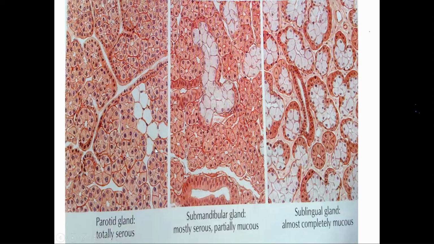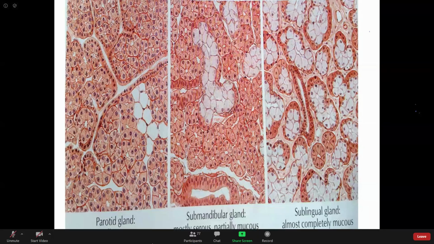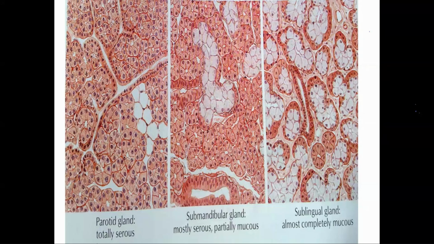Histology of the parotid gland. The parotid gland is totally serous. Serous means it is made up of serous cells rather than mucous cells. The parotid gland is covered by a capsule, and that capsule sends septa and divides the gland into different lobules and lobes.